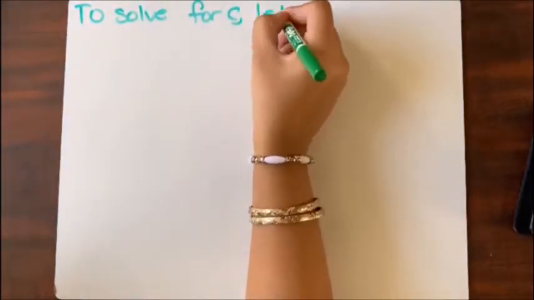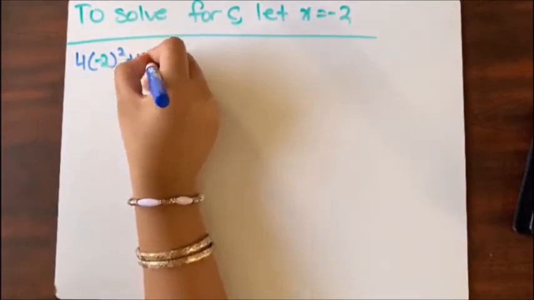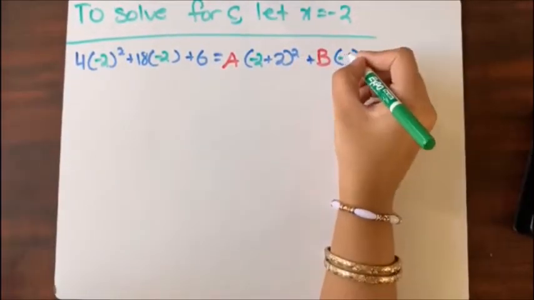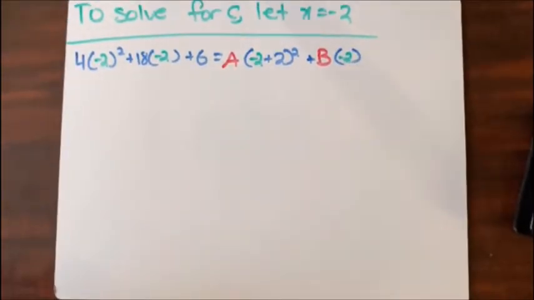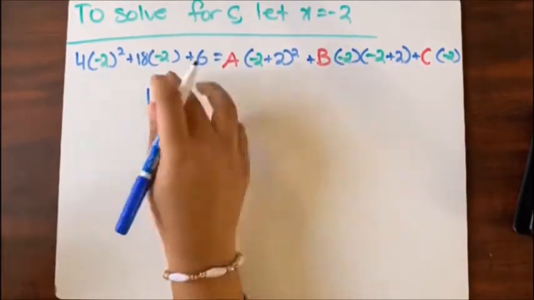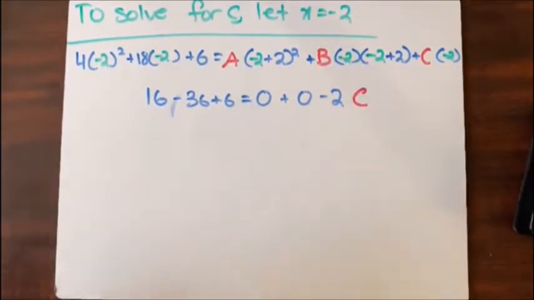To solve for c, let x equals -2, because this negates the a and b terms. After plugging and solving, we get c equals 7.